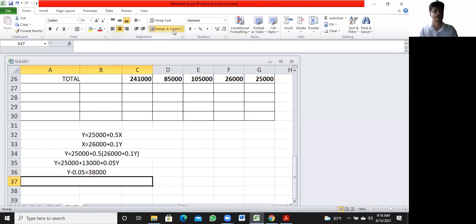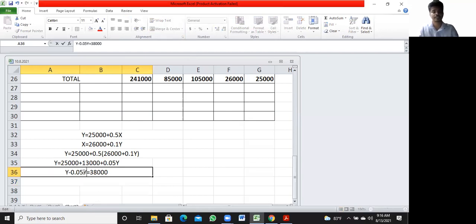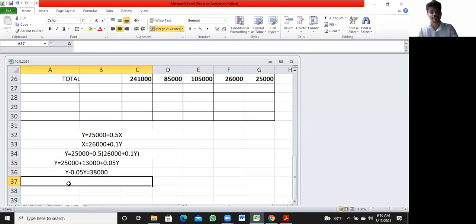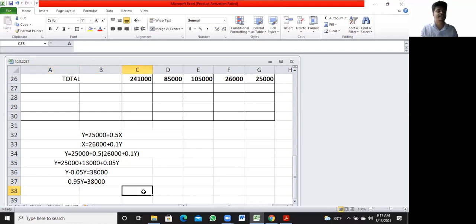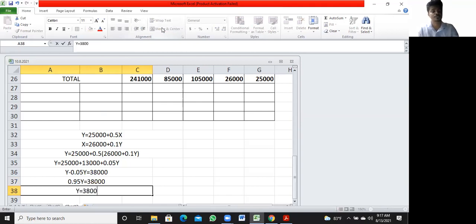Then here Y minus 0.05Y, so 0.95Y equals 38,000. Right? Now we have got an answer for Y. Then Y equals 38,000 divided by 0.95.